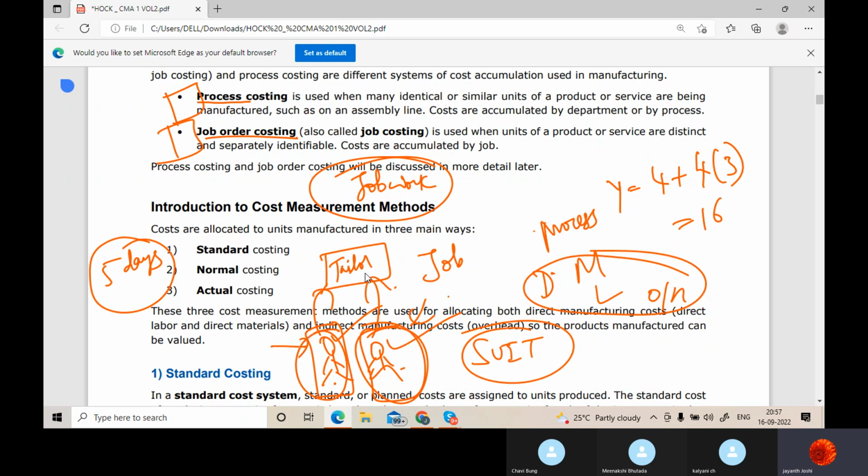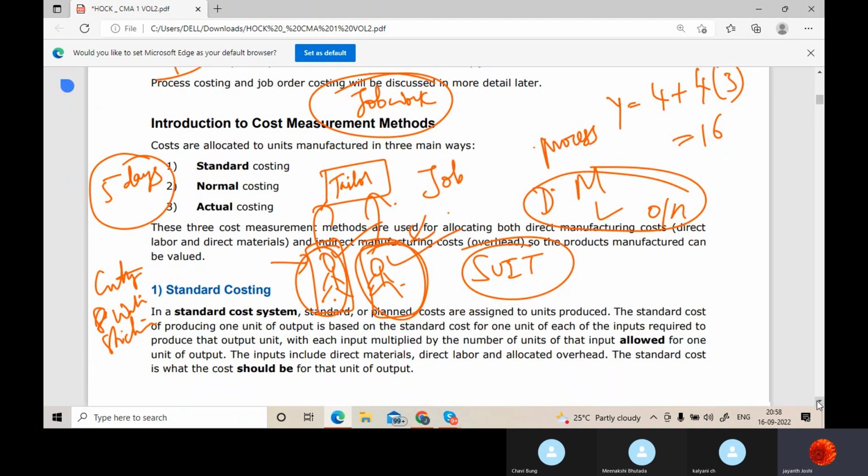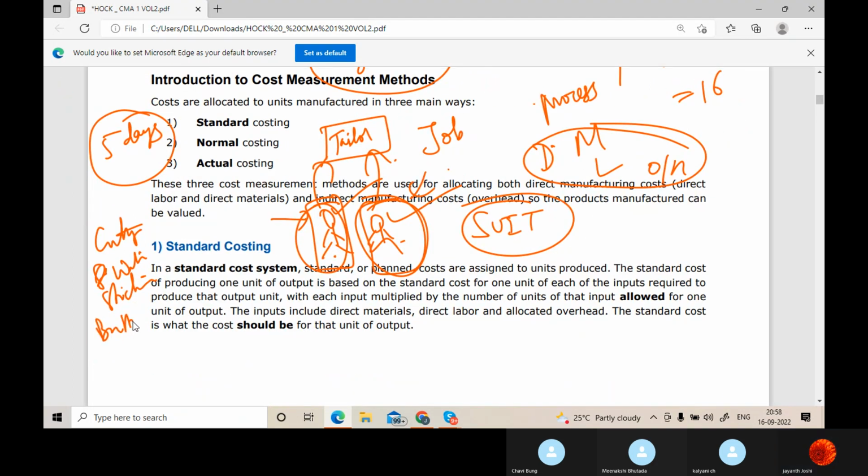So here the entire task is done by the tailor. Only the tailor himself is doing the task. He is cutting the cloth, cutting and washing, and then stitching, and he is also the one who is buttoning.